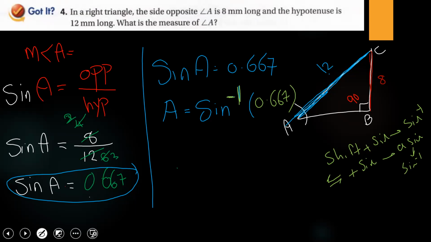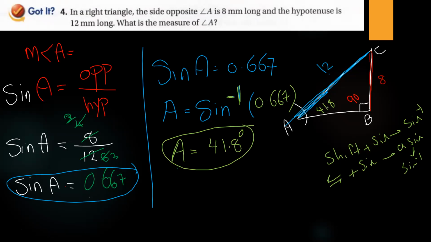What did you have in your calculators? 41.8. Bravo. So A, the answer now is 41.8. This 41.8 means the measure of the angle A. Teacher, I have sine to the power of -1. Just sine inverse. The same button.